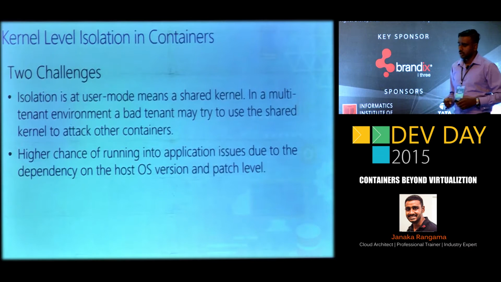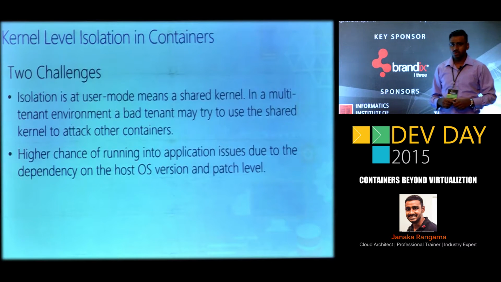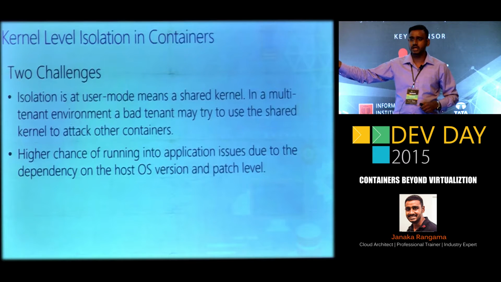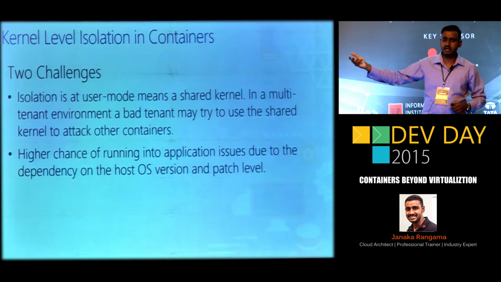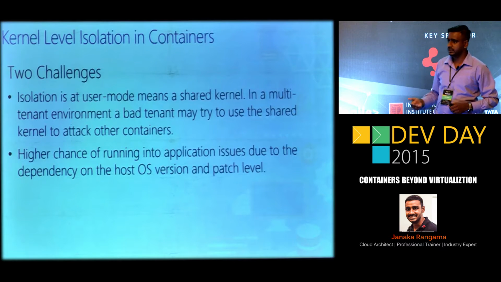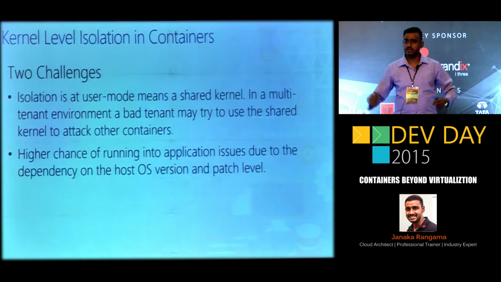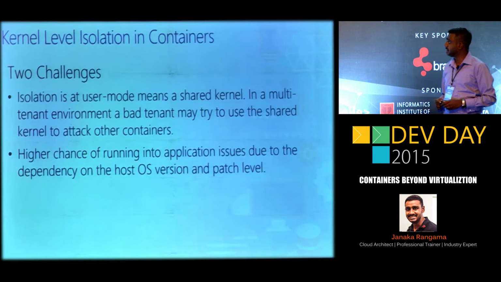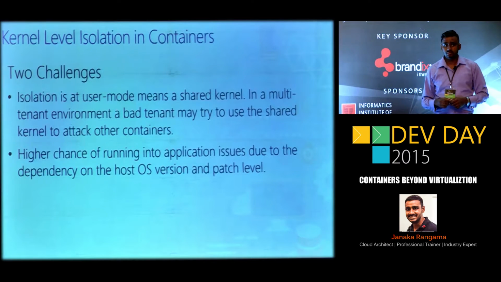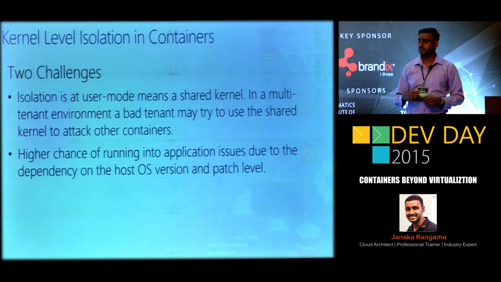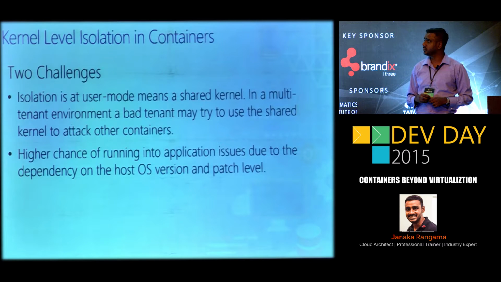So what is kernel level isolation? Now Docker is good, right? Because we have isolated the application layer from the OS or the virtualized hardware and whatnot. But there's a challenge. I have parked all my containers inside a physical host, right? What will happen if it's multi-tenant? I'm a hoster, right? I have my clients' containers there, and somebody attacks my host environment.